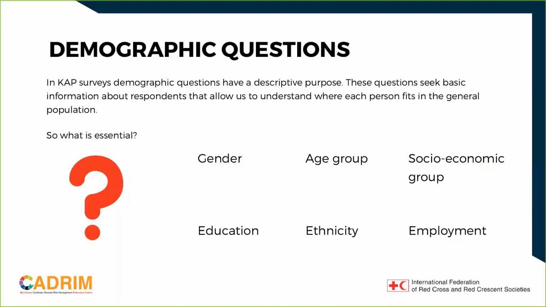Marital status is another very popular demographic question, right? So those are 2 additional questions that we haven't listed here, but which are very much utilized in many surveys. We don't always need to ask all of these questions. So again, determine the ones that are most suitable to your survey. You have to approach that on a case-by-case basis.